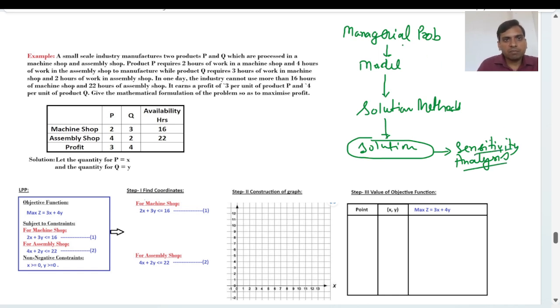So first thing, managerial problem. We will convert this managerial problem into model. So this model, generally for this question, we will use LPP model, linear programming model. So in this linear programming model, there are 3 parts. First part is objective function.